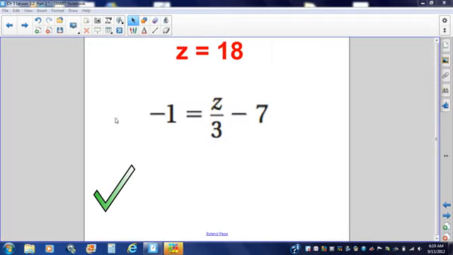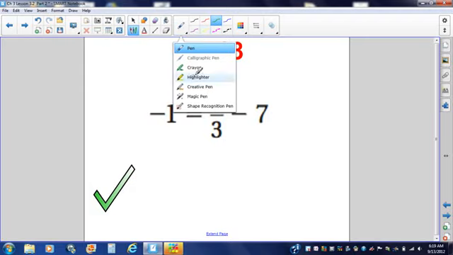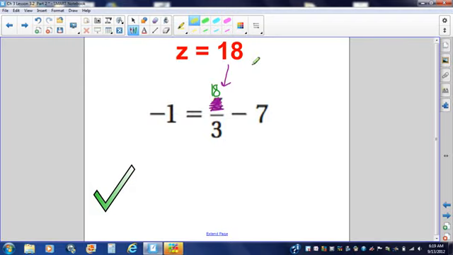All right, let's take a moment to check our answer. We said that z is 18. So I am going to substitute, or plug and chug, 18 in for the variable z. Now I'm going to follow my order of operations.